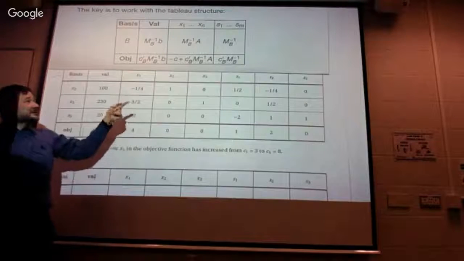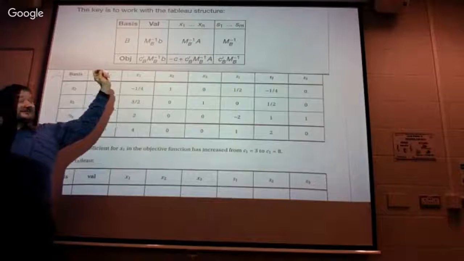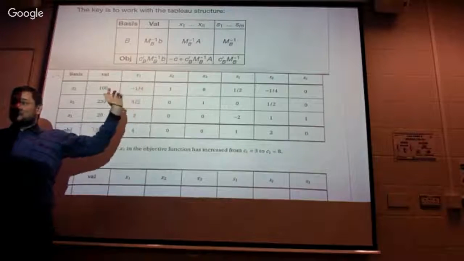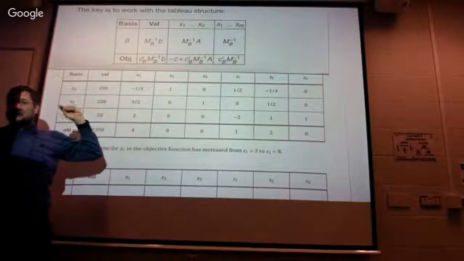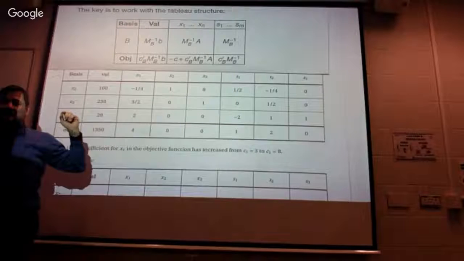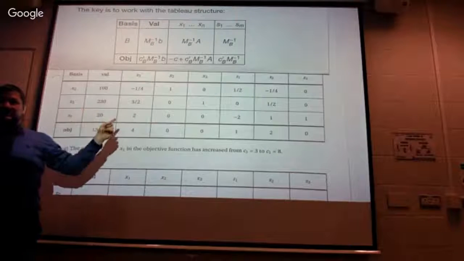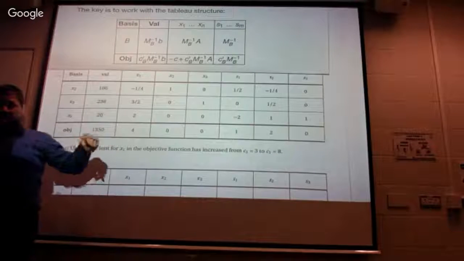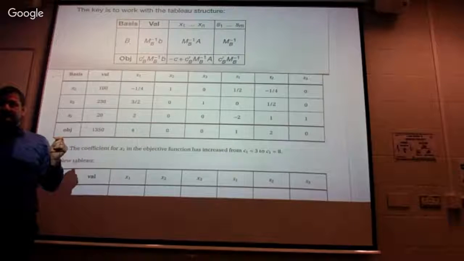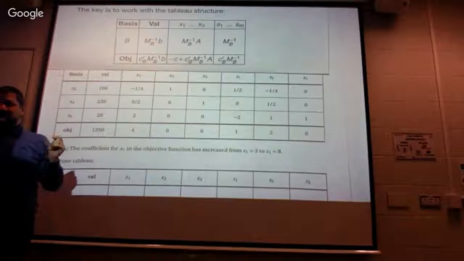Okay. So it seems like the situation is going to be different depending on whether what we're changing, let's say we're only changing one coefficient, is the coefficient of a basic variable or a non-basic variable. Which is going to be easier? Non-basic. Why?